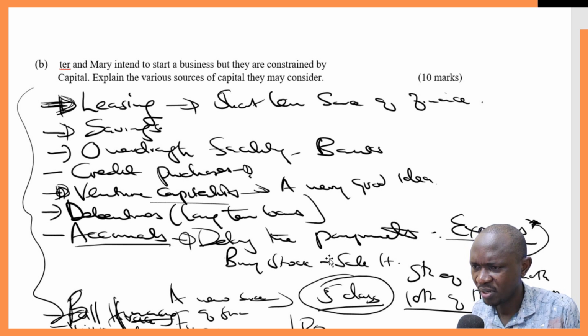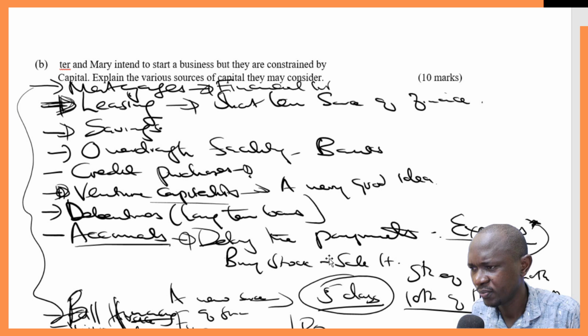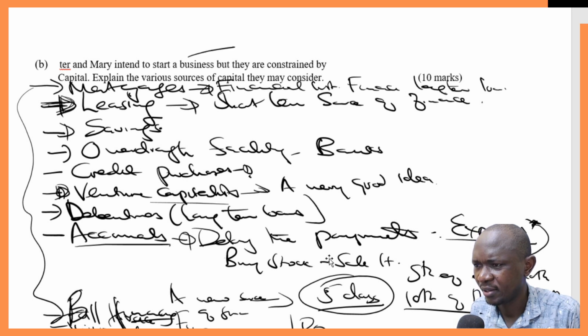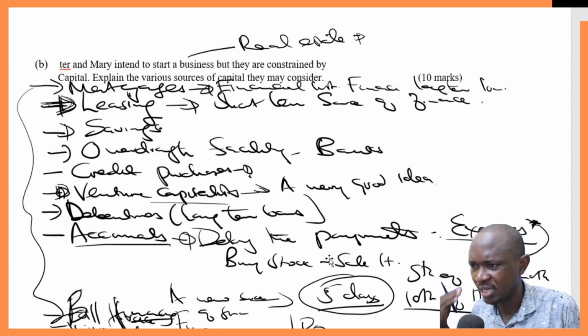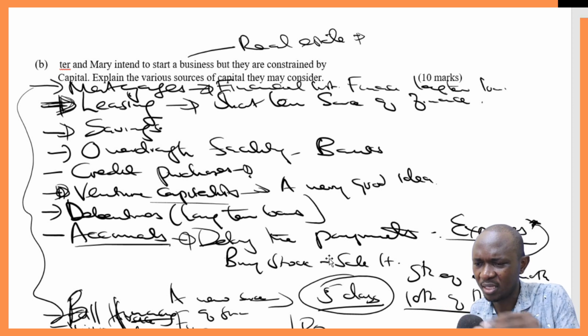Let's work with this. Even mortgages. Mortgages are also a source of finance. This is basically from, in most cases, financial institutions, and they're used to finance long-term loans. So if your business is real estate, you can simply go for a mortgage. And a mortgage simply means that the same asset that you want to purchase or invest in will be the security for that particular loan, as opposed to things like debentures.